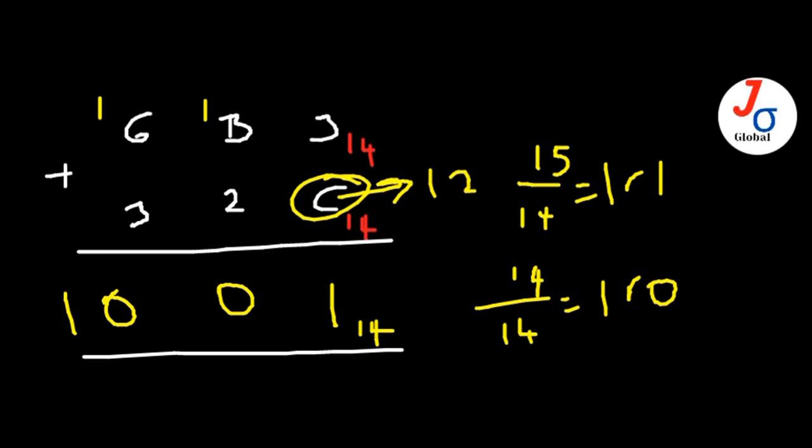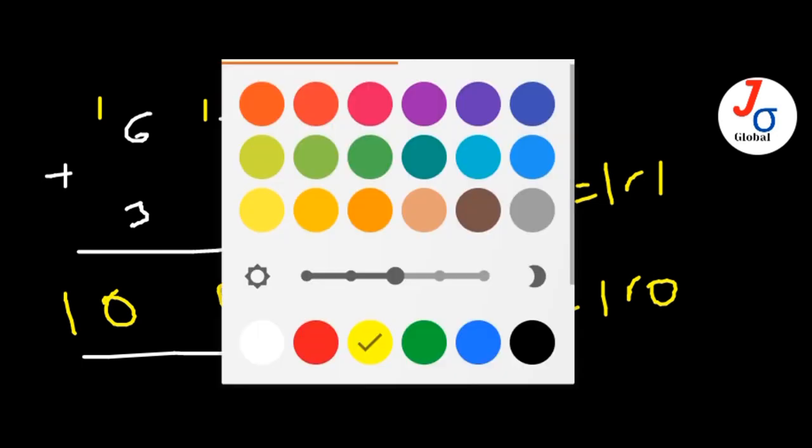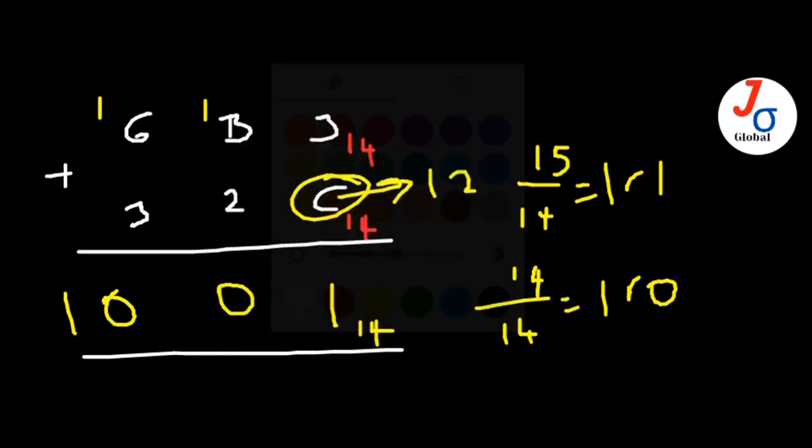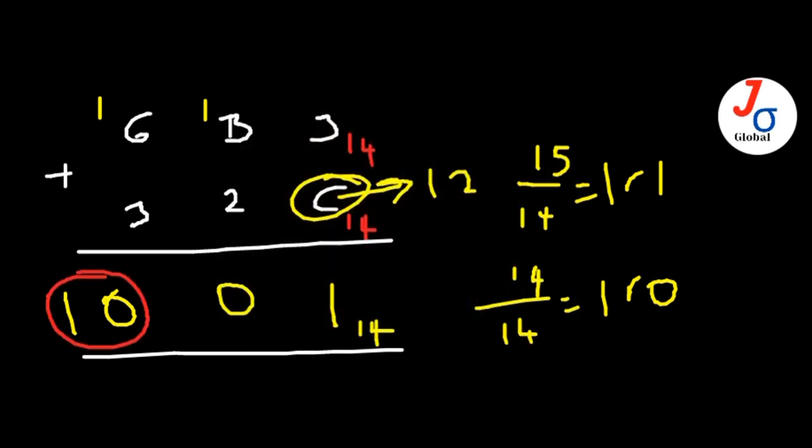But mind you, we don't have anything like 10 in a number base. 10 is actually represented with an alphabet, and I'm going to alter that to mean A. So 10 is actually A. Therefore, our final answer is actually A01 base 14.